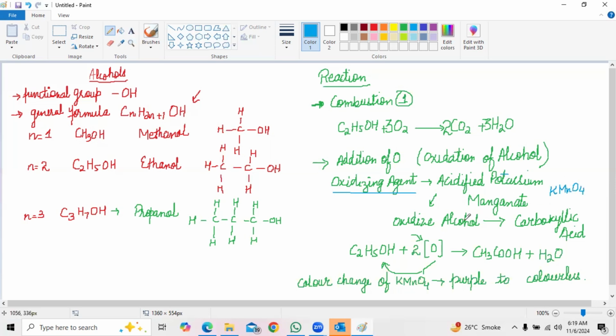It basically provides oxygen to alcohol and it would be turned into carboxylic acid. Okay, this is basically ethanoic acid. So these are two chemical reactions that alcohols basically undergo.